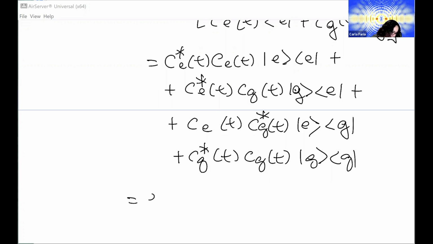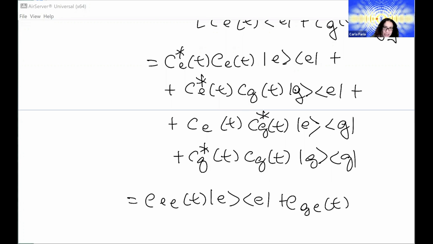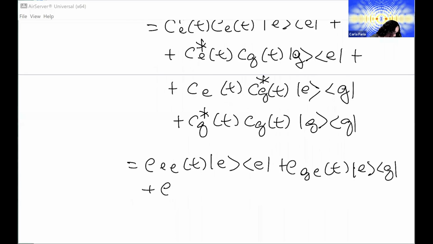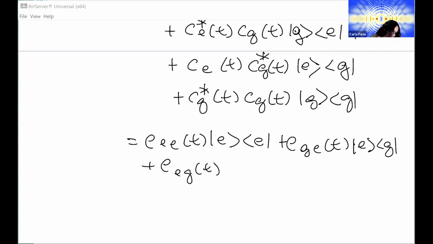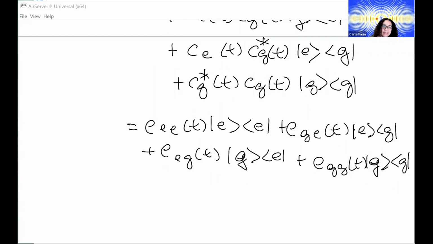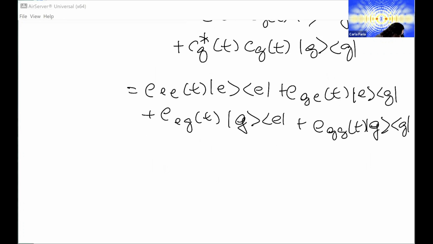So this is rho_EE(t) |e><e| plus rho_EG(t) |e><g| plus rho_GE(t) |g><e| plus rho_GG(t) |g><g|. Not so nice. Okay. Now, simplification. I'm not going to do this, but you're welcome to try this at home.